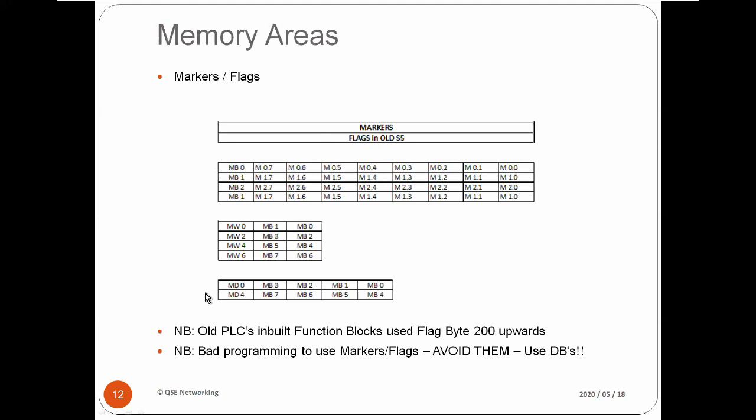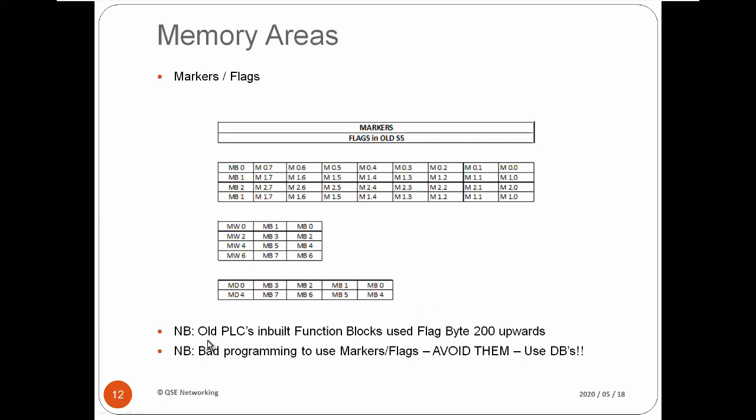This is a very bad area to use in a Siemens PLC. Back in the old days in the S5, all those inbuilt function blocks used to just assume and take your flag bytes 200s and use them and abuse them and switch them on and off, and you would come back from the call of the block and you didn't know what had happened to your markers or your flags in that area.